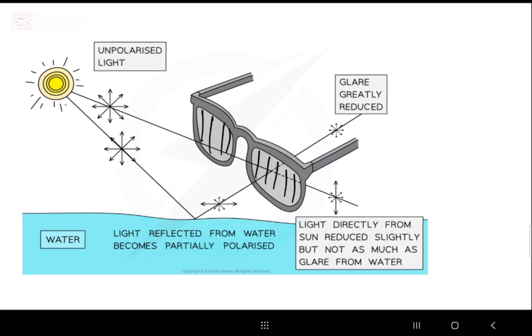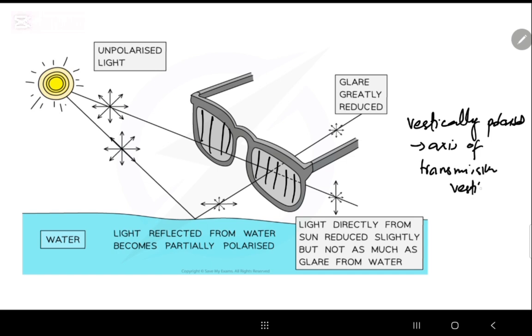Okay, so we can write it down here. So vertically polarized, that would mean that the axis of transmission is vertical. Okay, so the horizontal light that we have there is going to be absorbed and the glare will be reduced.